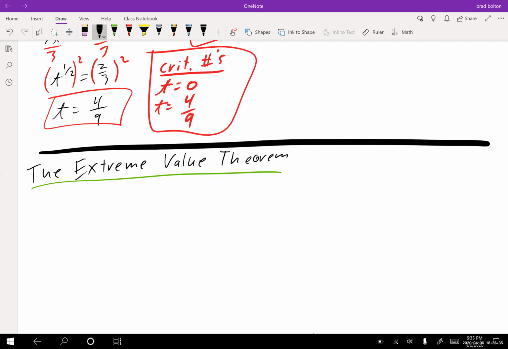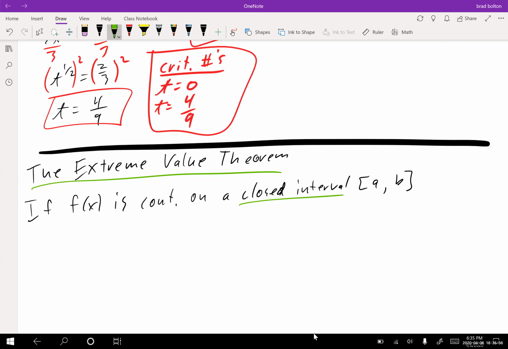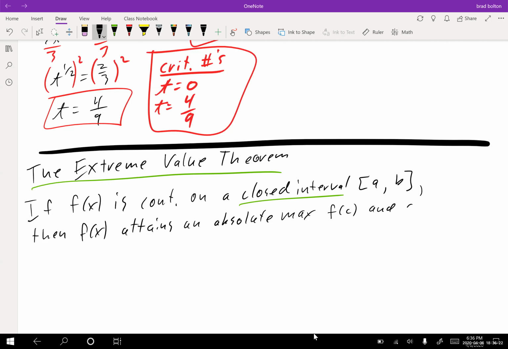The extreme value theorem says if f of x is continuous on a closed interval a to b, very important, closed interval part, closed interval a to b, then f of x attains absolute max f of c and absolute min f of d for some c and d element.